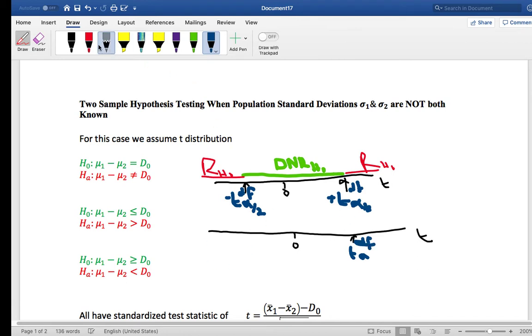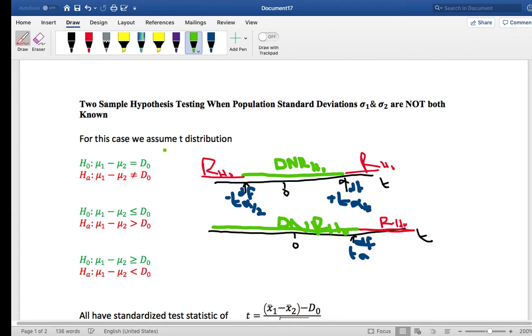And the rejection, as we said, is to the right, so the reject H0 region is going to be along here, and the do not reject H0 region is going to be over here. Do not reject H0.